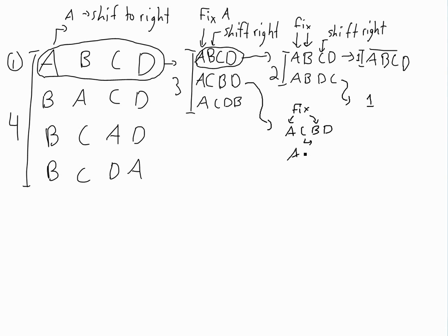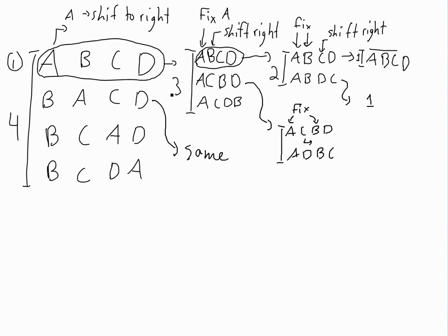So we get A, D, B, C, and this one has 2, and so on. This one here will also be the same as above. We'll fix A, and then shift B as well. So this is all we're going to be doing.